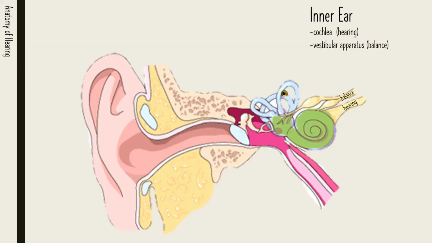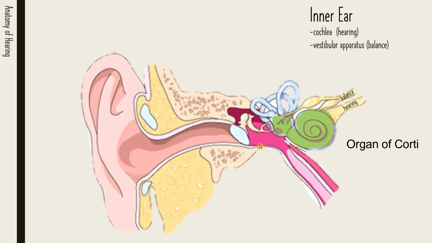Now, we know that the inner ear consists of the vestibular apparatus and the cochlea, but when it comes to hearing, the cochlea is the main organ of hearing. So once the vibrations reach the cochlea and we start to get vibrations set up within the fluid within the cochlea, this movement of fluid, as a result of some quite complex anatomy, ultimately causes movement in a series of specialized hair cells called stereocilia found within a particular part of the cochlea known as the organ of Corti.